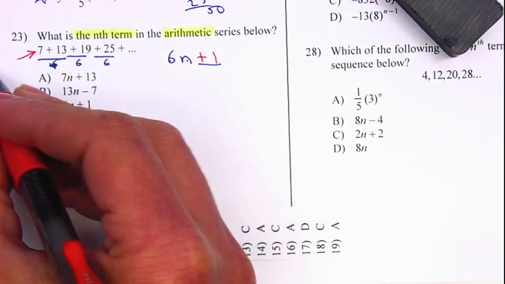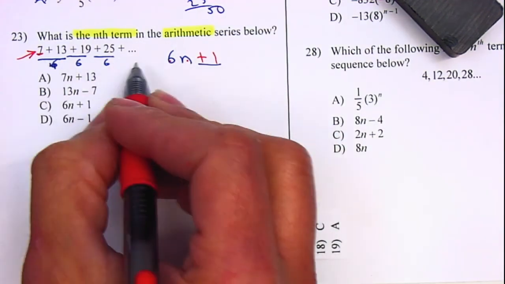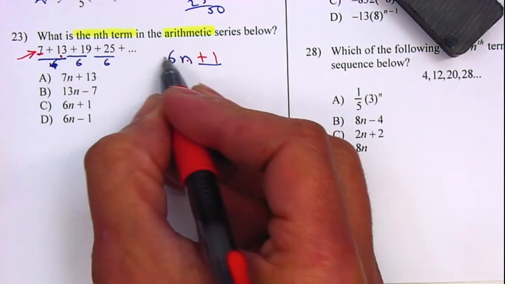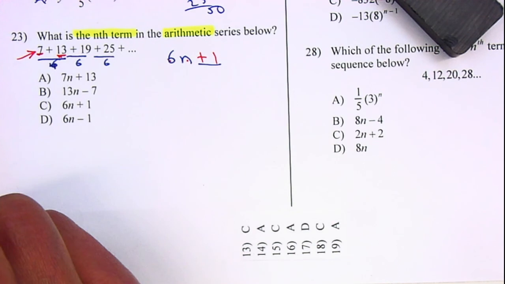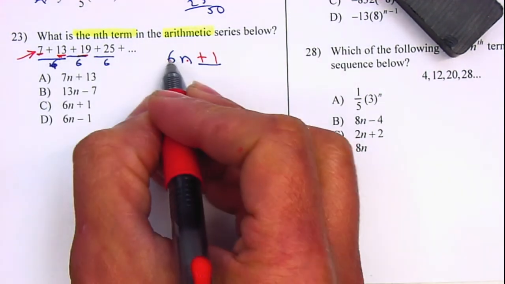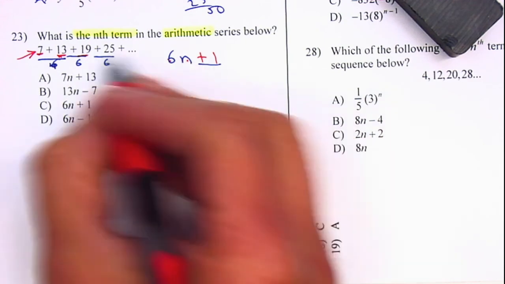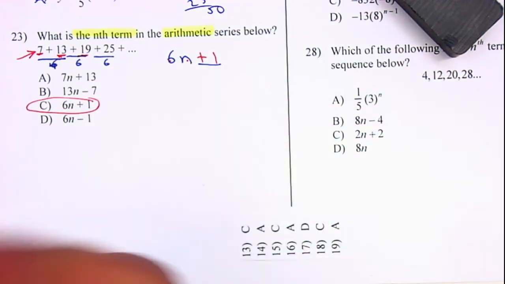Right. If I plug in a 2, it should give me 13. 6 times 2 is 12, plus 1 is 13. If I plug in a 3, it should give me 19. 6 times 3 is 18, plus 1 is 19. Perfect. So it matches, so my answer is C. That's one way of doing it.